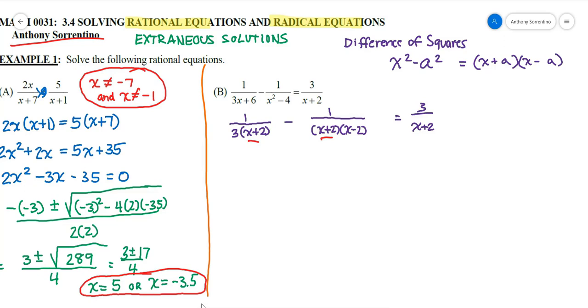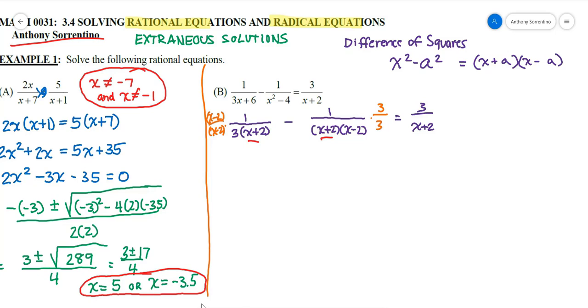So for me to get a common denominator, I'm going to multiply this by 3 over 3 to get the 3 times the multiplication of 3 down here. This one I'm going to multiply by x minus 2 over x minus 2.